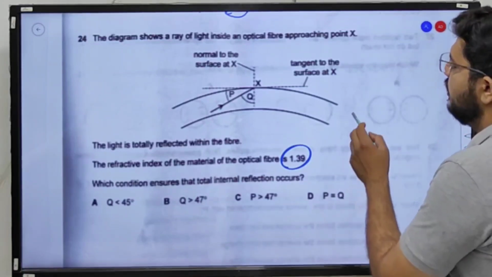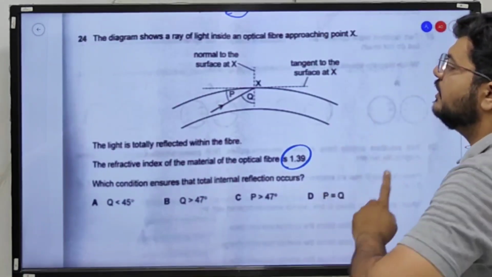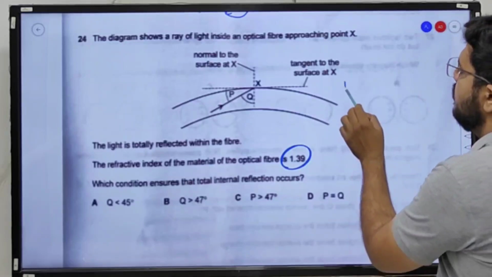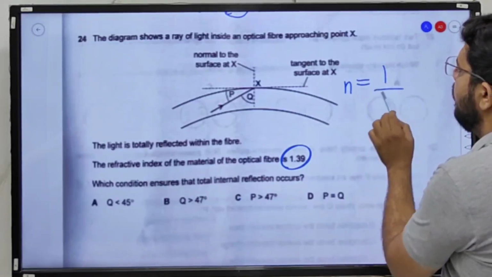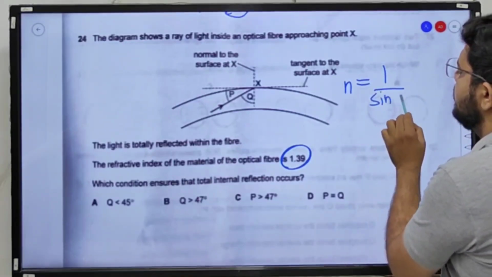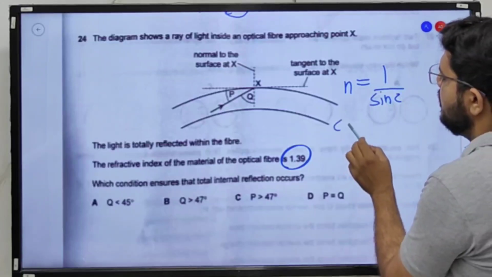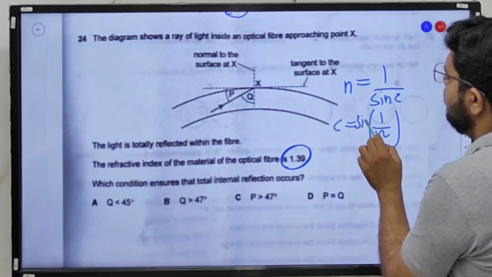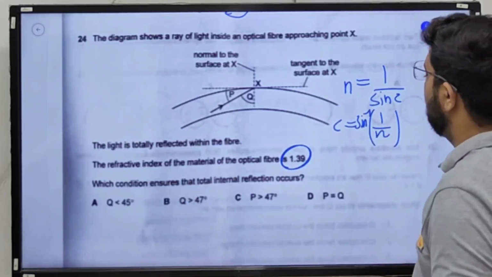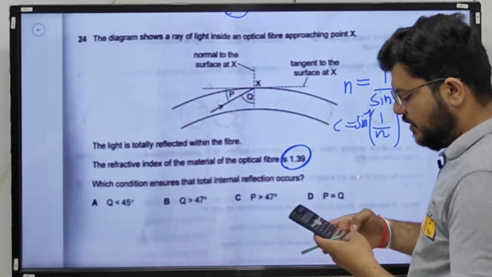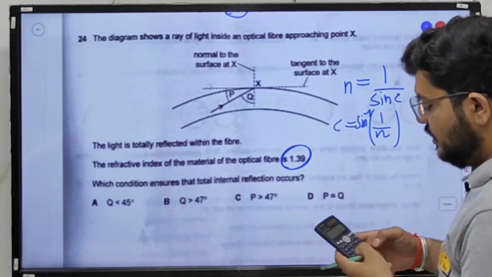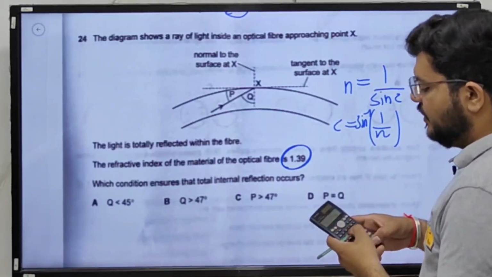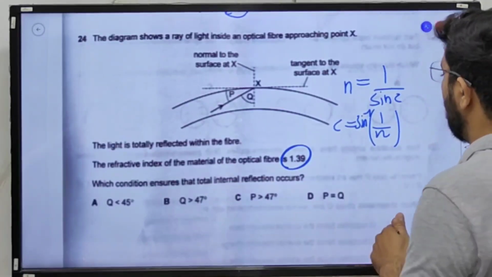Let's find the critical angle first. n = 1/sin C, and therefore C = sin⁻¹(1/n). Let us do 1 divided by 1.39 and then sine inverse of this answer gives me 46.